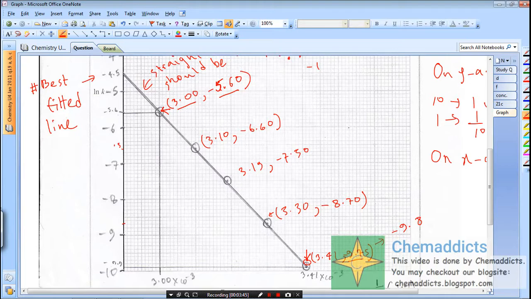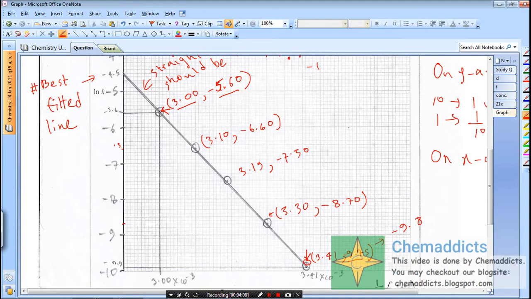Let us find the gradient. We will take this point, 3.41 into 10 to the power minus 3, minus 9.8, and this point, 3 into 10 to the power minus 3, minus 5.60.